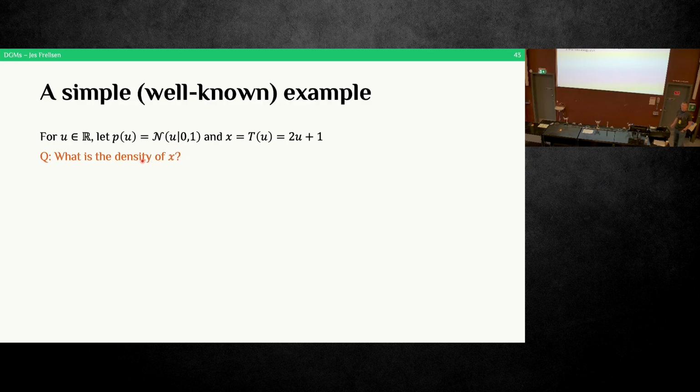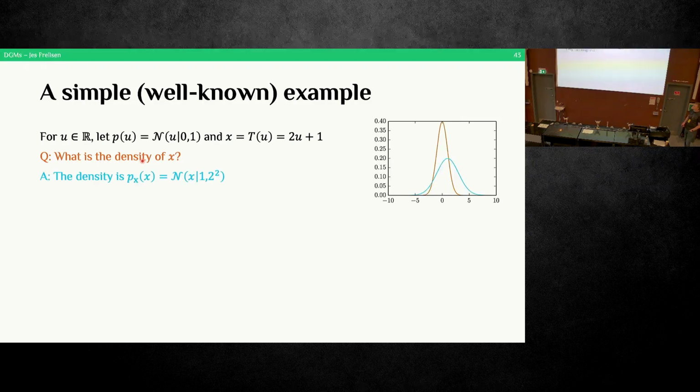So what would be the density of X then? Yes, I heard somebody saying a normal distribution, and what would be the mean and the variance of that normal distribution? Yes, mean 1 and variance 4. That's correct. So the density is a normal distribution with mean 1 and variance 4.